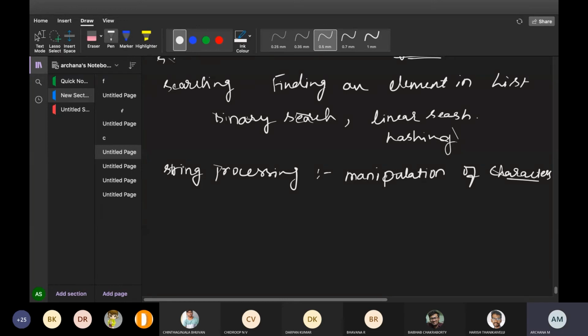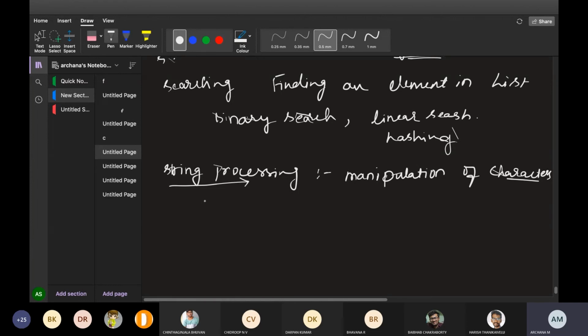What are the different string processings you can do in your syllabus or in normal data structures? You can do string matching, string searching, compare strings, replace strings, delete a string, add a string, reverse a string, copy a string.